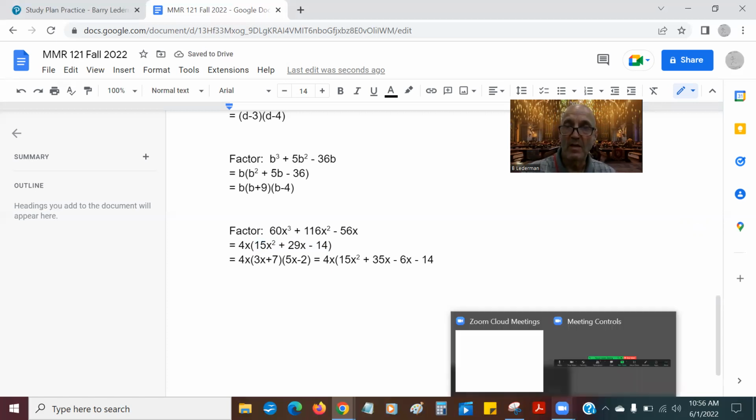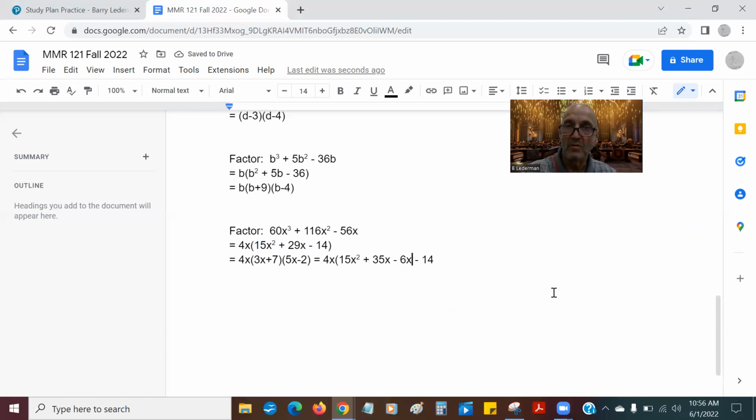And that is going to simplify. This here, 35 minus 6, will give me my 29. So this is going to work.